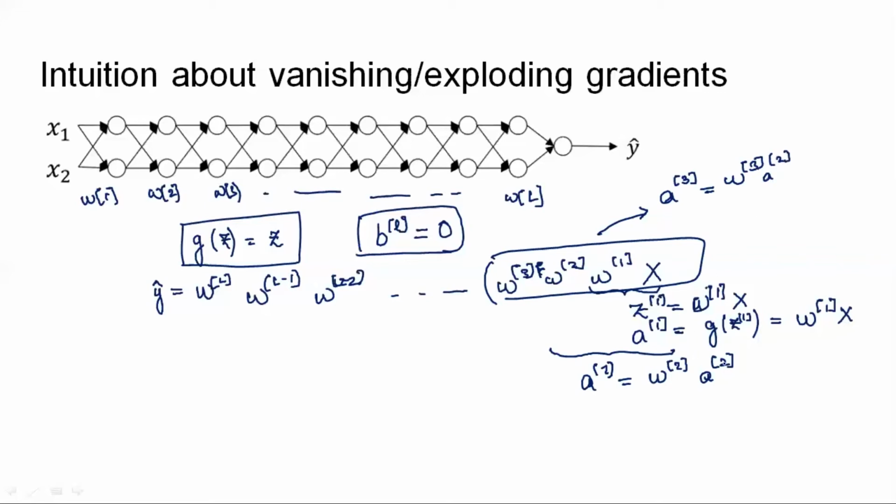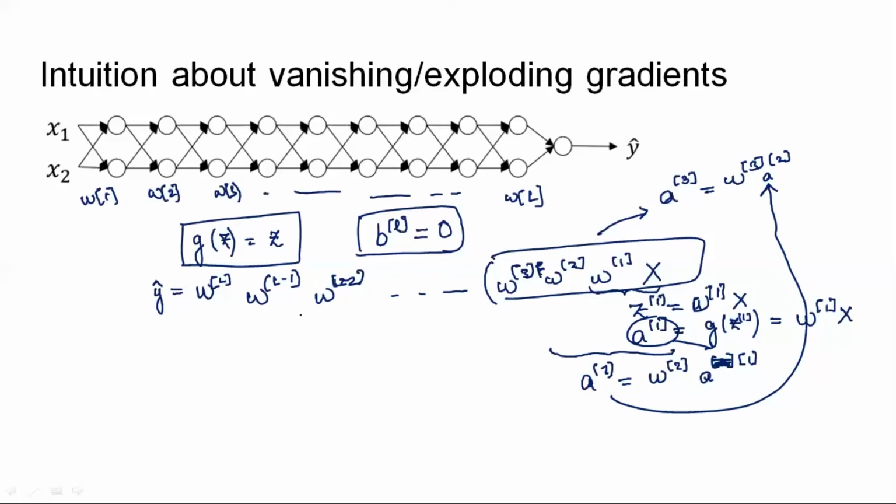I need to make a correction here: this is not A2, this is A1. So the input for A2 will be the output A1, and this A2 would then be applied as an input for finding the value of A3. This is basically the predicted outcome y hat that we have predicted for this neural network.